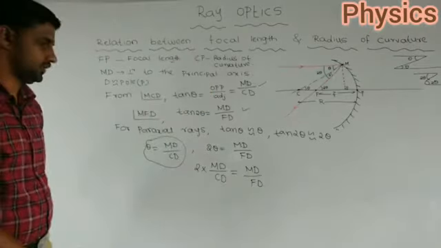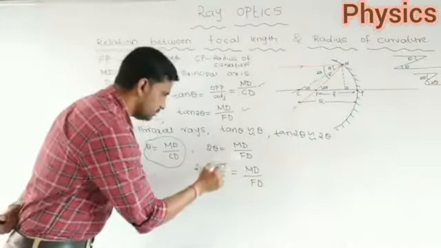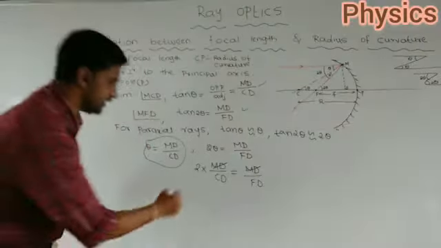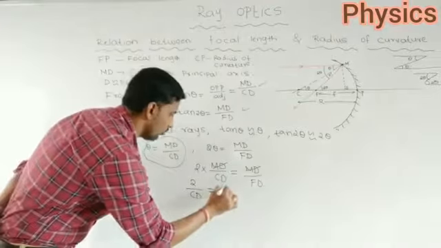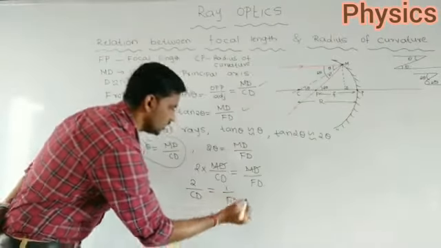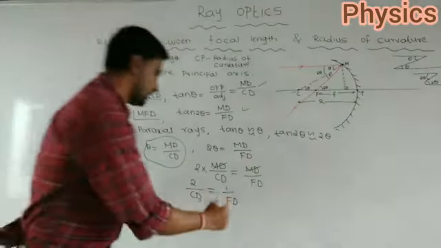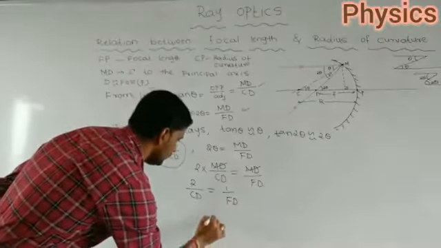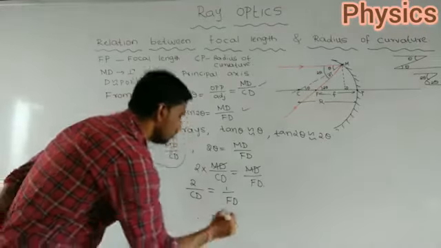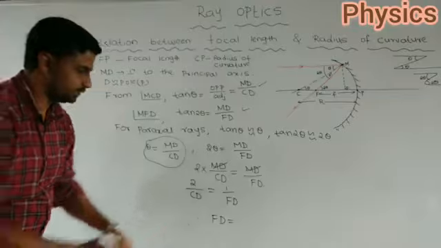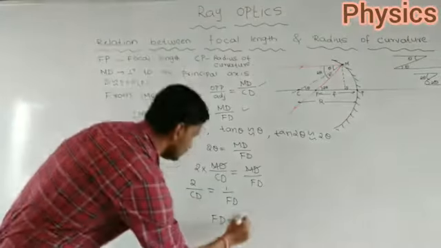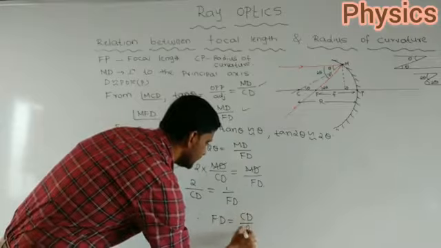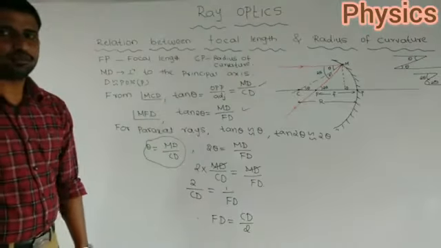Here MD cancels. After cancellation you will get 2 by CD is equal to 1 by FD. So on rearranging, that means cross multiplication, I will get FD is equal to CD divided by 2. FD is equal to CD by 2.